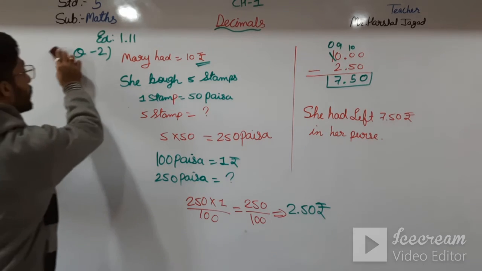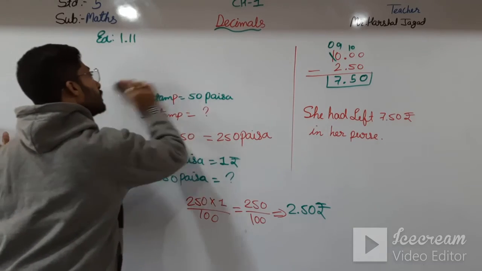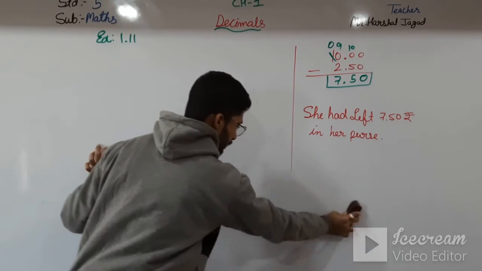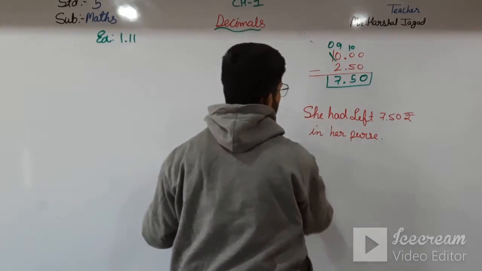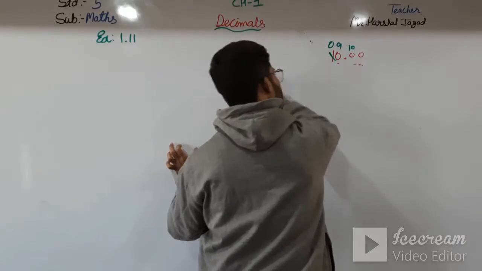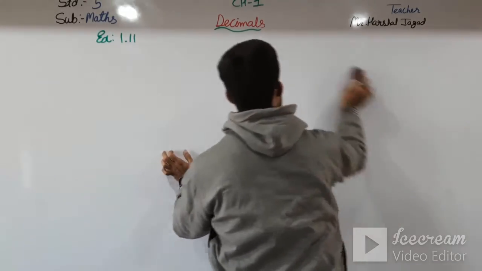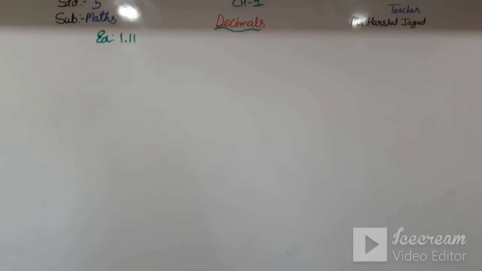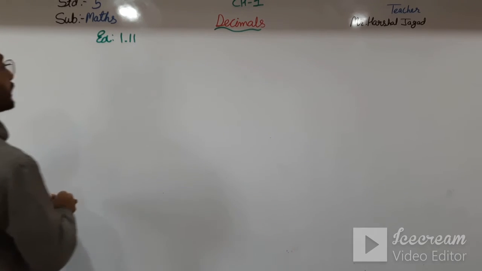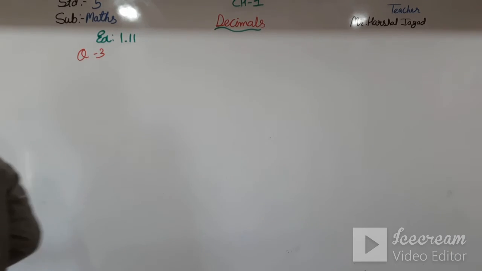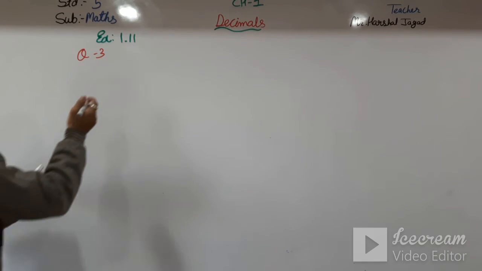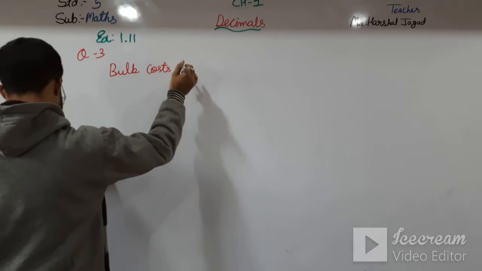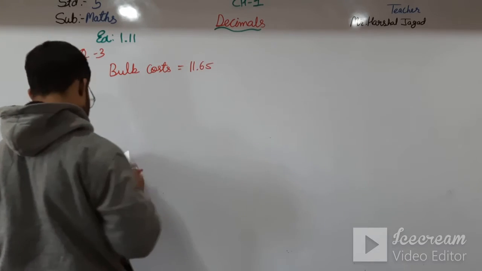Okay, students, moving forward to question number 3. An electric bulb costs, one electric bulb costs 11.65.